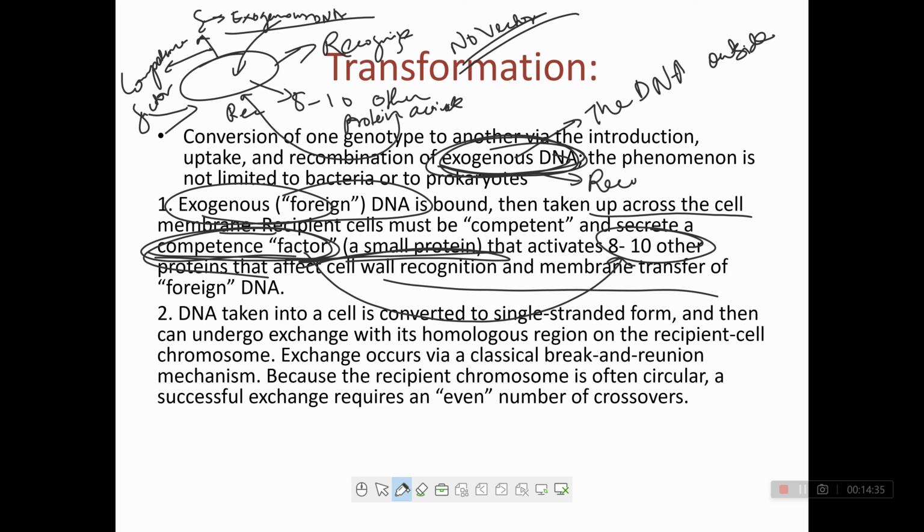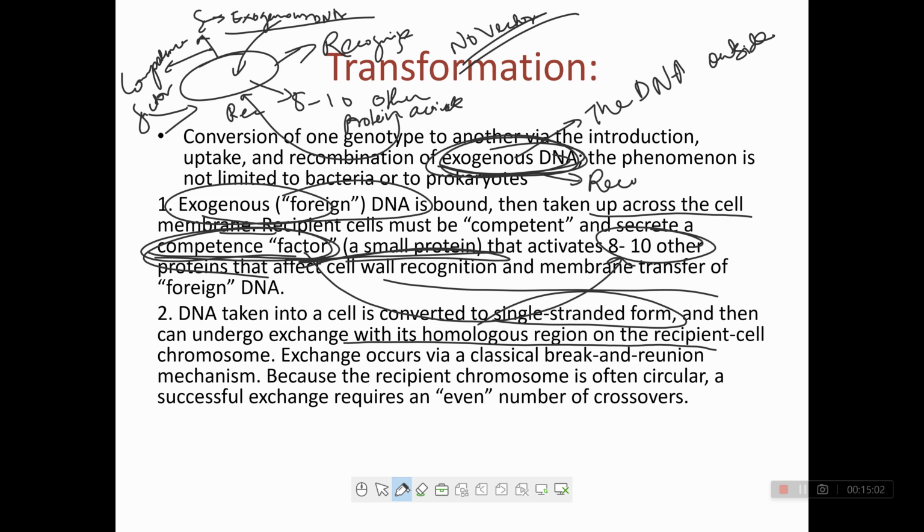DNA taken into a cell is converted to single-stranded form and then can undergo exchange with its homologous region on the recipient cell chromosome. Exchange occurs via classical break and reunion mechanism because the recipient chromosome is often circular. A successful exchange requires an even number of crossovers.